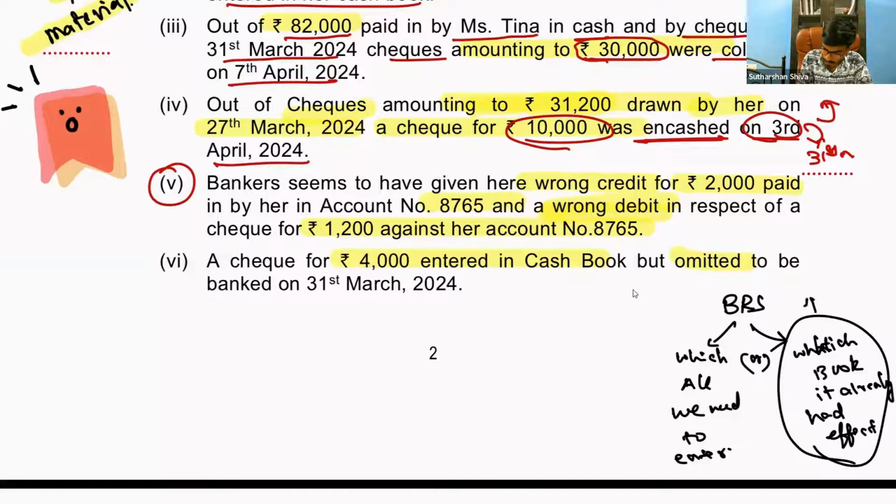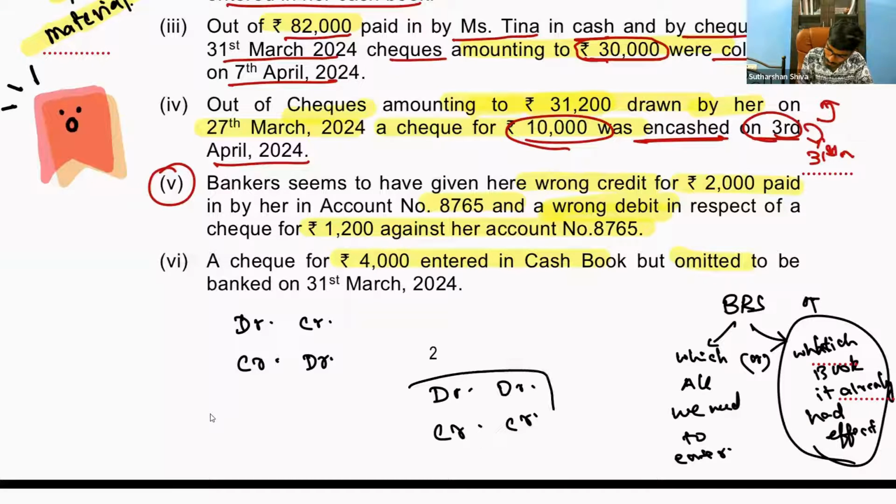For this way, if I want to tell: debit, credit, credit, debit, debit, debit, credit, credit. These two will be one bundle. These two will be one bundle.